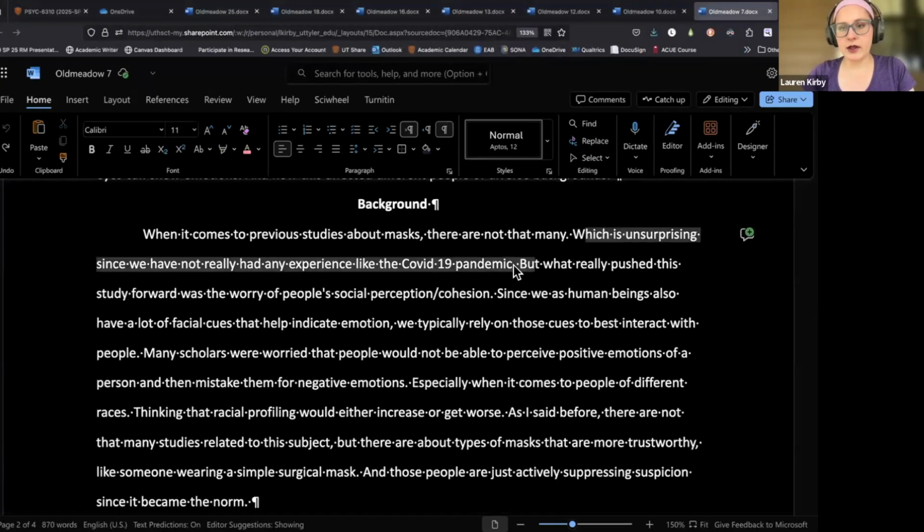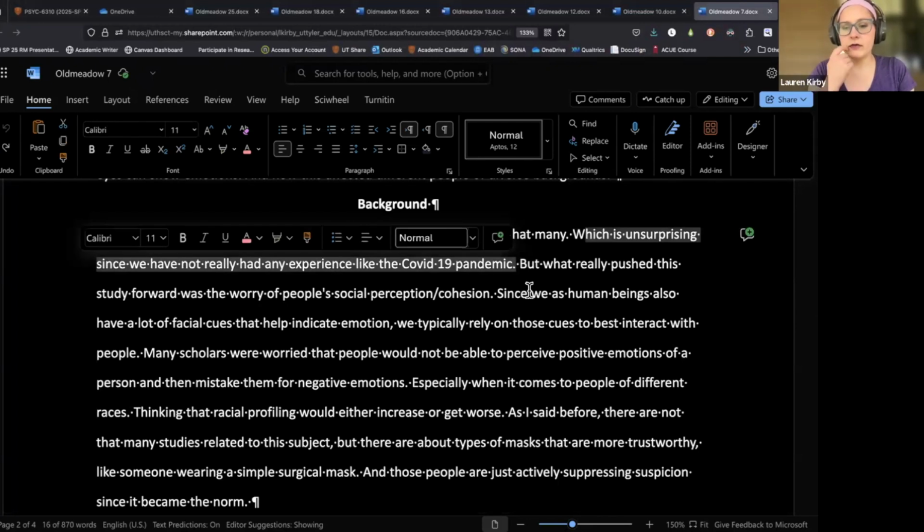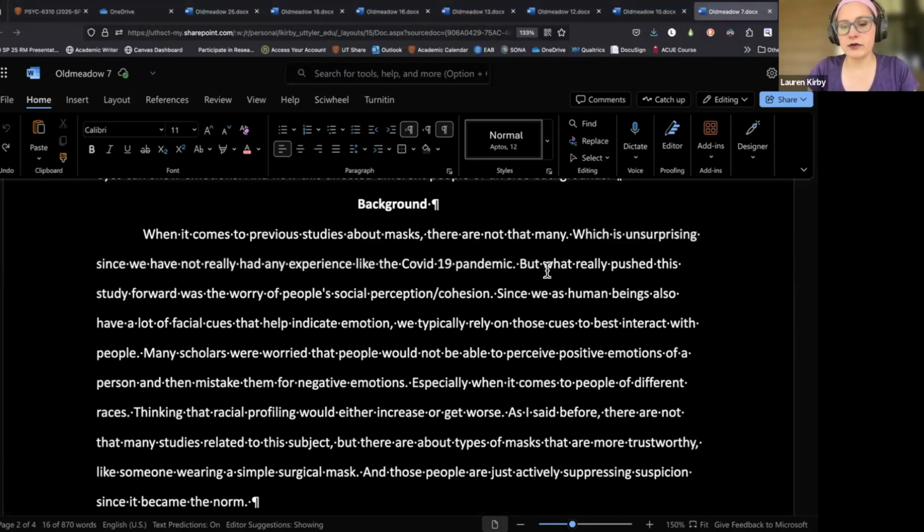This is a sentence fragment. This is also. It's true. I mean, but also masks have been a thing before 2020. COVID is SARS 2. SARS 1 happened in 2014. Swine flu happened in like 2008.